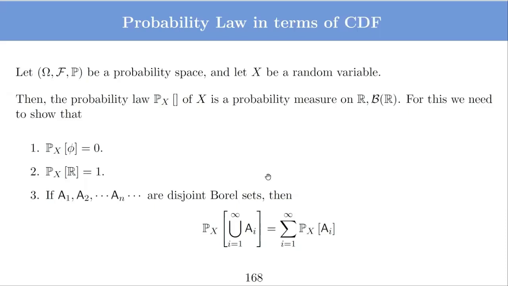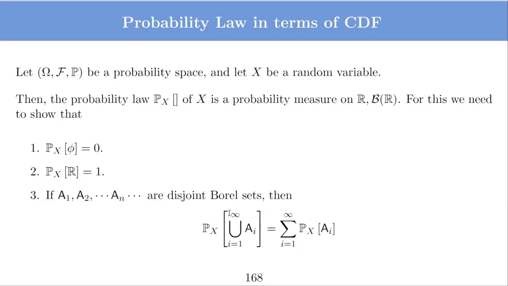If A1 and A2 are disjoint, and suppose A1 union A2 is equal to A, then you can show the pre-image of A1 union the pre-image of A2 is equal to the pre-image of A. Then you can apply the probability measure, and show the probability measure of the pre-image of A1 plus the probability measure of the pre-image of A2 is equal to the probability measure of the pre-image of A1 union A2.